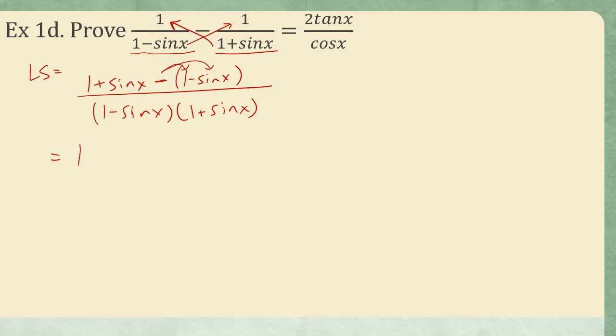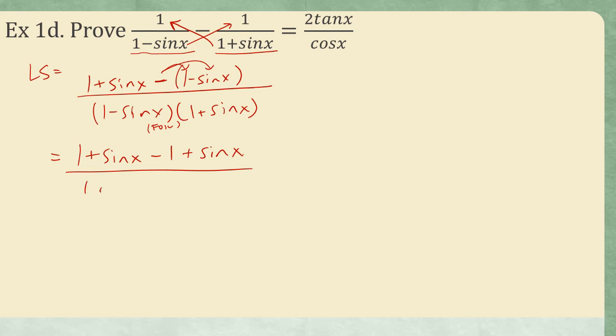Distribute that negative through 1 plus sine x minus 1 plus sine x, all over. Now, let's FOIL the denominator to see what happens. So we're going to FOIL this. First times first, 1.